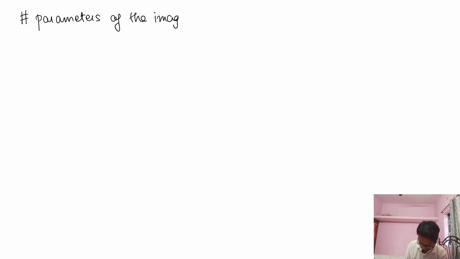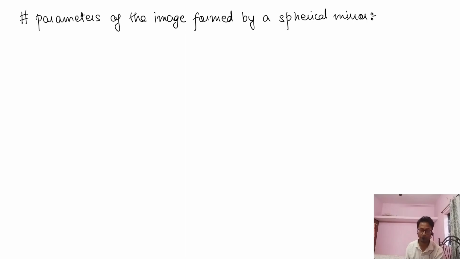Now what we are going to study is the parameters of images formed by spherical mirrors. That means the type of image, the orientation of image, whether the image is virtual or real, and the magnification of the image. Parameters of the images formed by a spherical mirror.